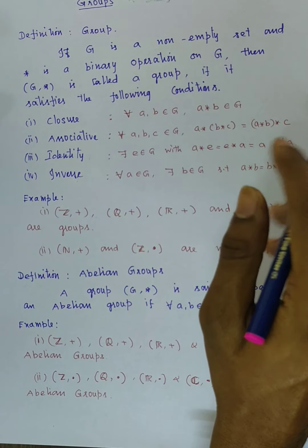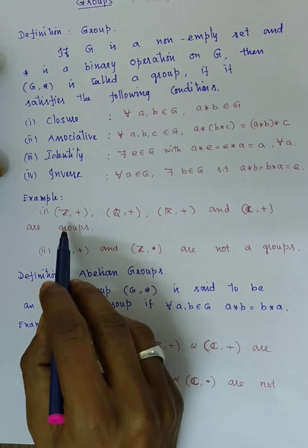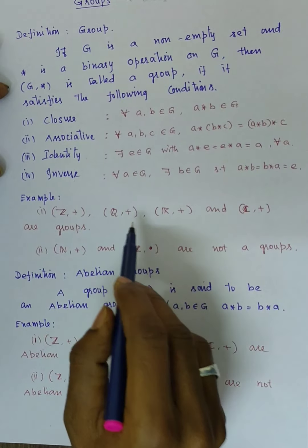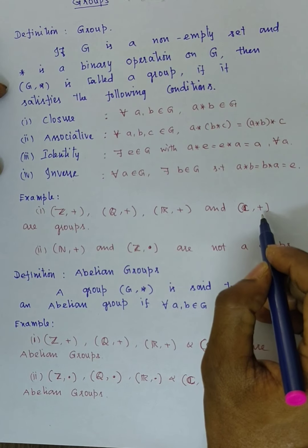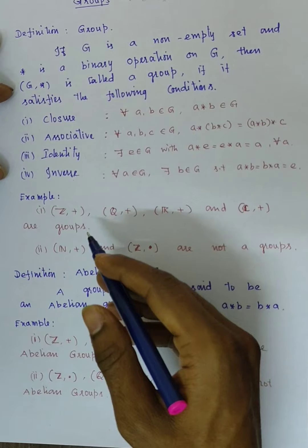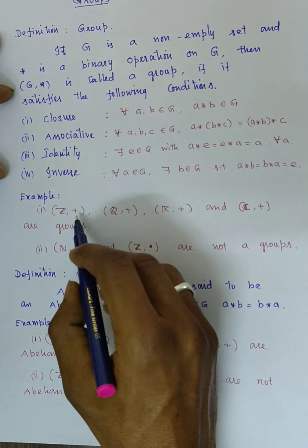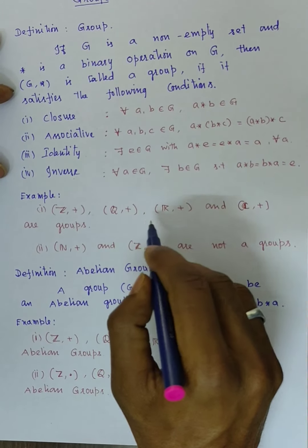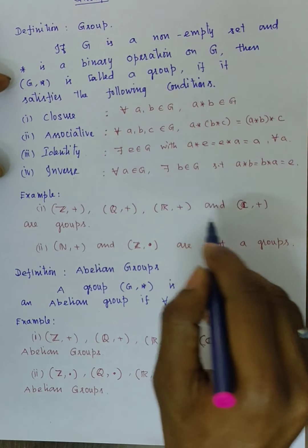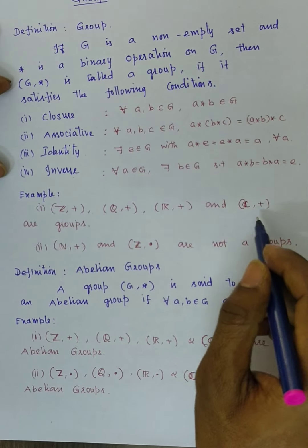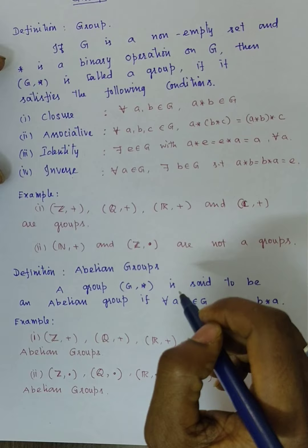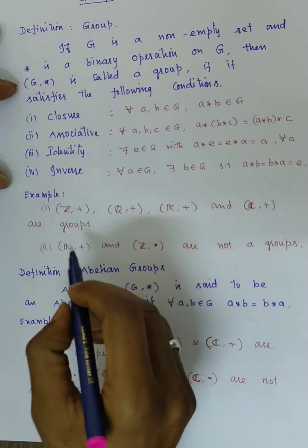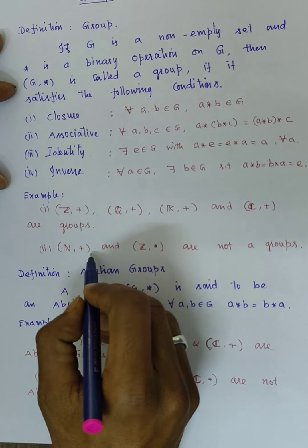The examples of groups are Z comma plus, Q comma plus, R comma plus, and C comma plus. That is, the set of all integers with addition, Q with addition, the set of all real numbers with addition, and the set of all complex numbers with addition are groups. Which are not groups? The natural numbers with addition.